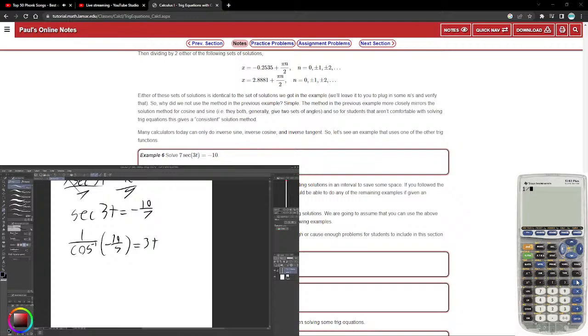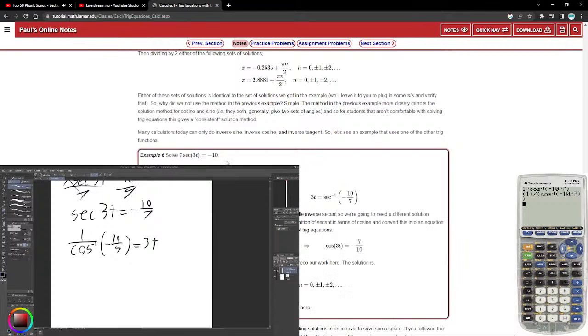I cannot write this. Use this calculator. I don't know what I'm supposed to do to type this in. What do they want from me? I gotta look this up because I have no idea how to type this in the calculator.